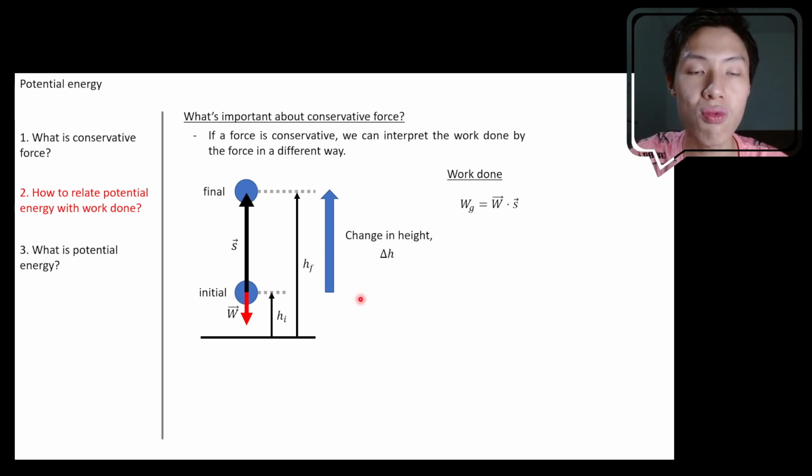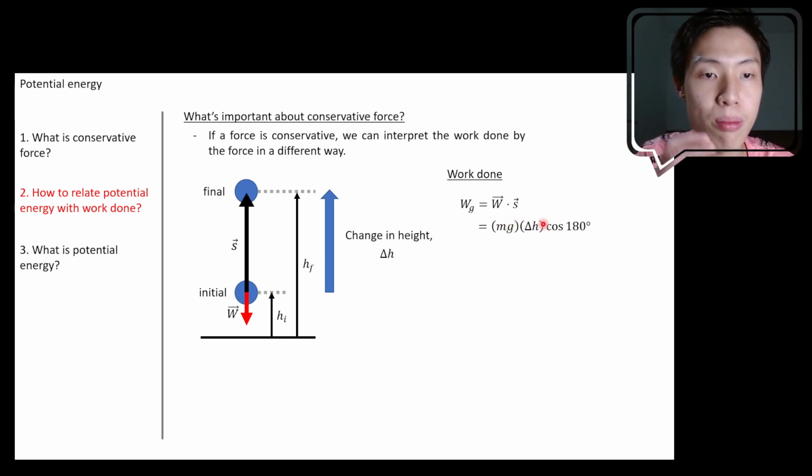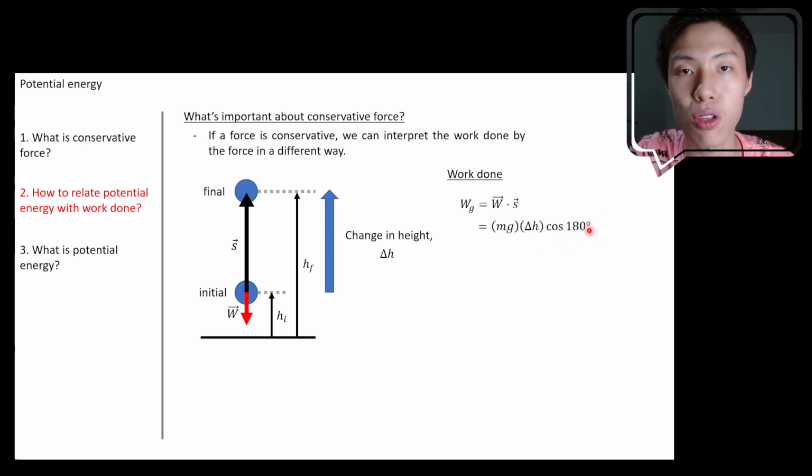Now let's re-express this equation in a different way. We express it as the magnitude of weight times the magnitude of displacement times the cosine of the angle in between the two vectors. The magnitude of weight, we know, is just mg.